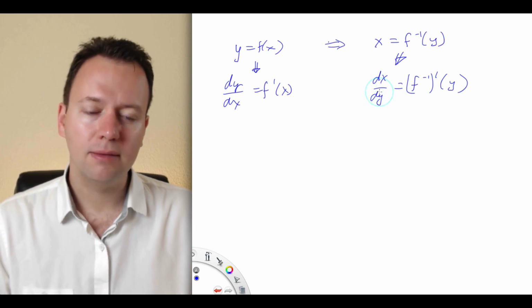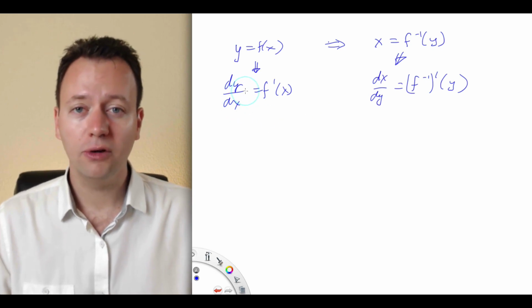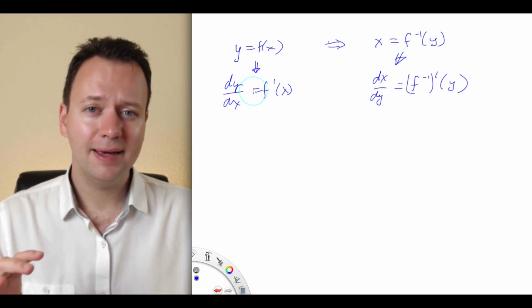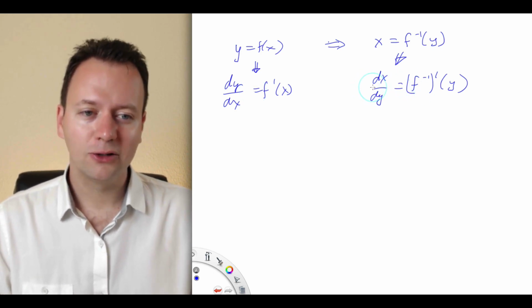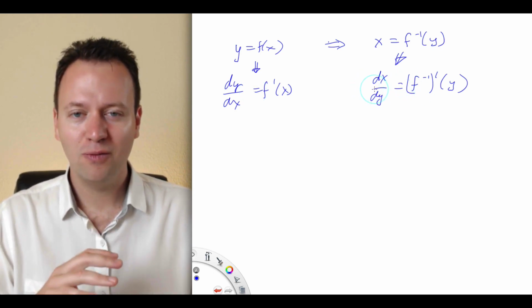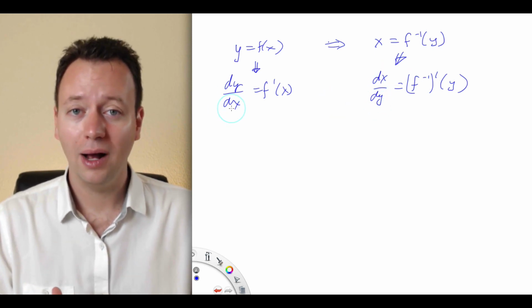Now you might be tempted to guess that dx/dy should just be the reciprocal of dy/dx. And you would be, in this case, correct. This is basically the achievement that we're going to do today: we're going to say that dx/dy is 1 over dy/dx.